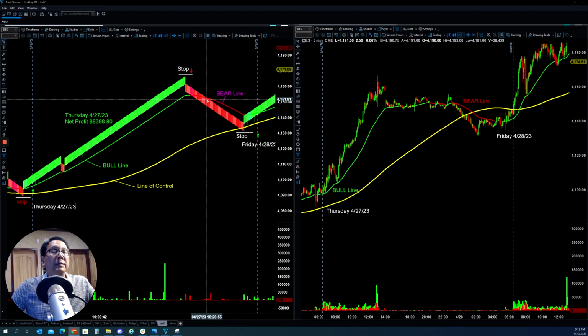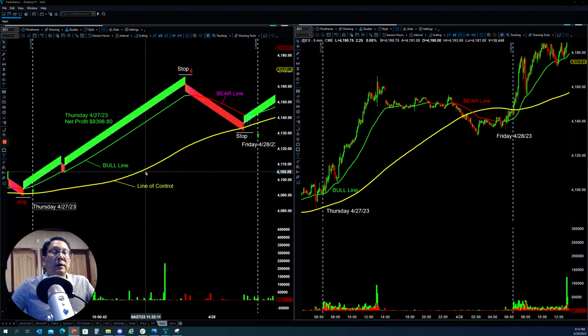And if the price is below the bear line, which is the red line here, it means that the short term trend is down. And the yellow line, the line control, tells you the bigger long term direction where it's heading during the day.